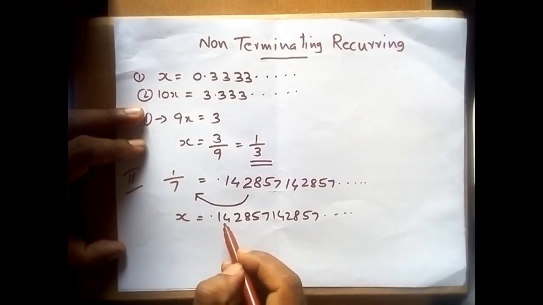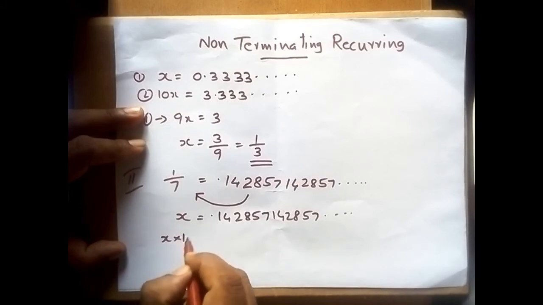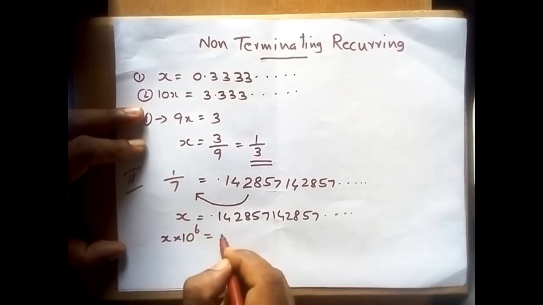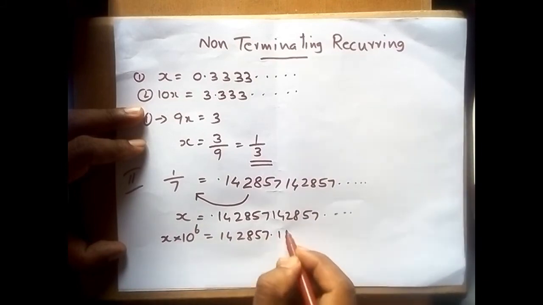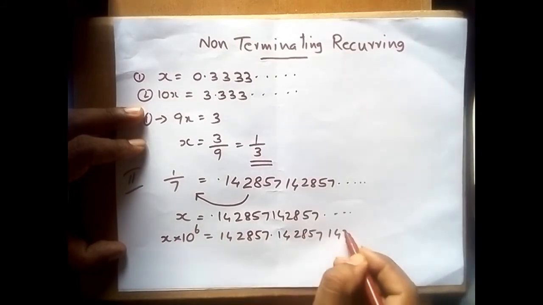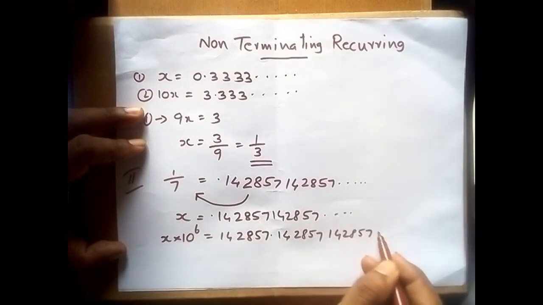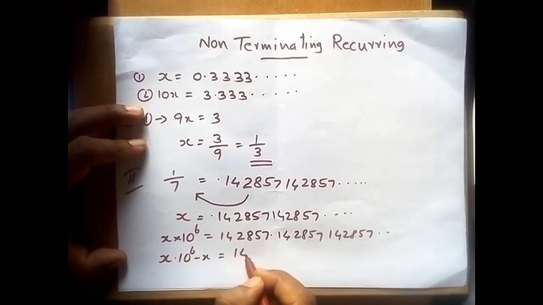How many numbers are there occurring? 1, 2, 3, 4, 5, 6. So x into 10 raised to 6 is equal to 142857.142857, etc. So x into 10 raised to 6 minus x is equal to 142857.